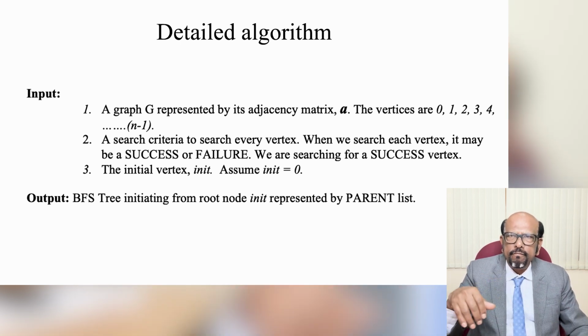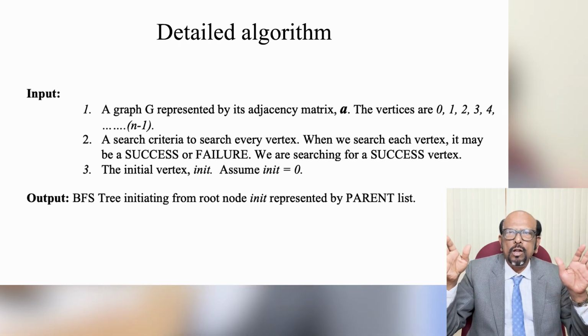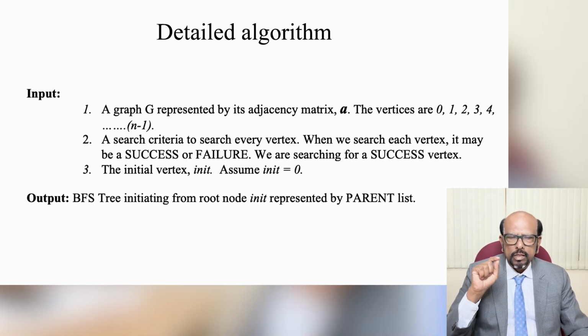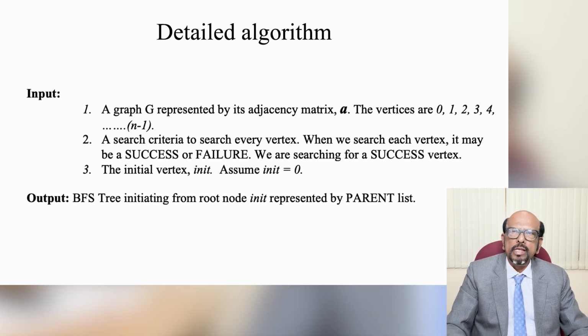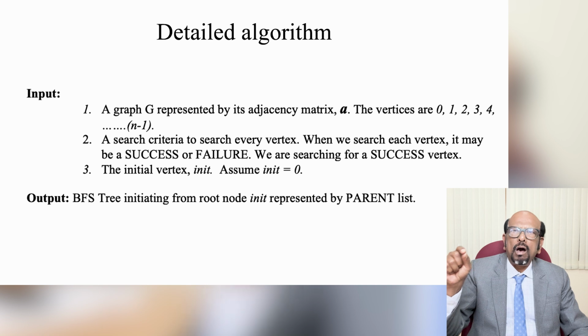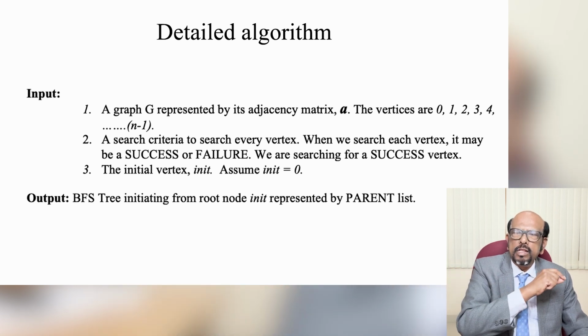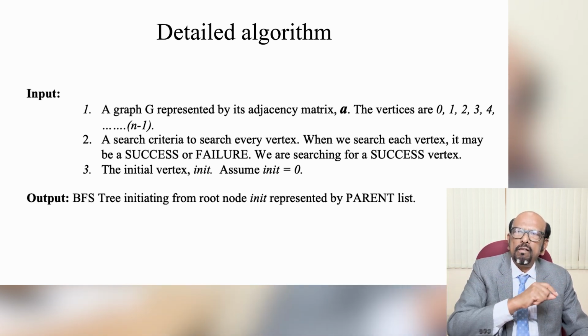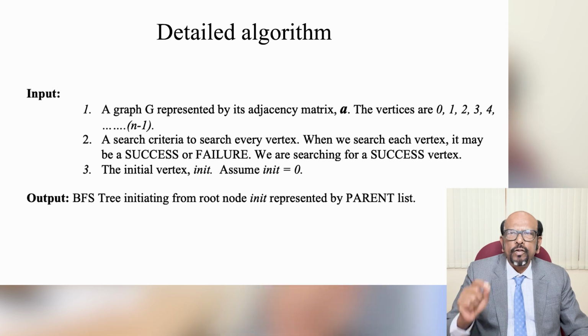So we searched every node and finally said no. Here, the input must say where the solution is. Is it in 0, 1, 2, 3 or n minus 1? If the solution is not available anywhere, all of them must be false. If it is available in a particular node, say 5, then that should be success.